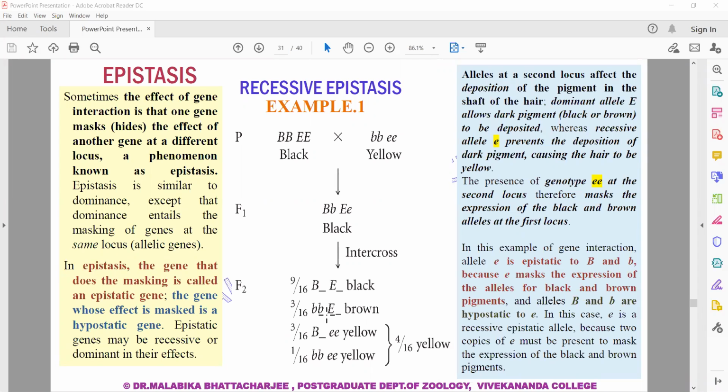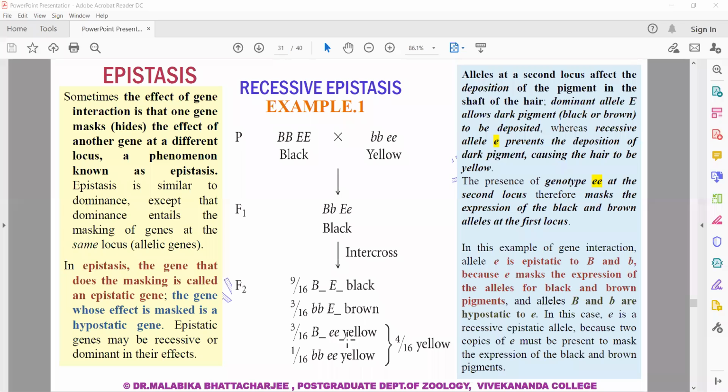When we have this combination where we have a homozygous bb allele producing the brown pigment and a capital E, one dose of capital E or a double dose, this capital E is able to deposit the brown pigment on the hair shaft and we get brown hair color.